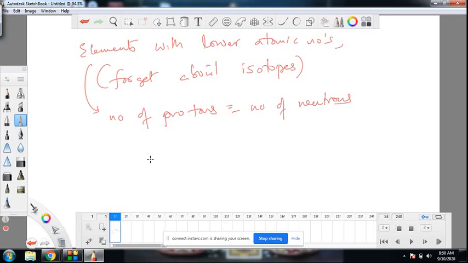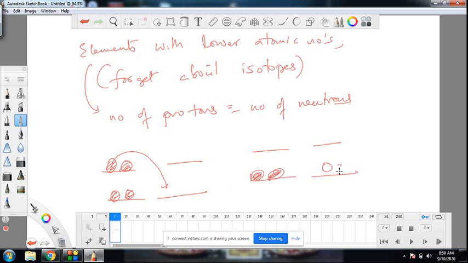Why? If you have an element with just 4 protons, 2 of them have to occupy a higher energy level. It is not stable. So generally these protons get converted to neutrons, and you have a scenario where you have 2 protons and 2 neutrons, so that the energy is less.